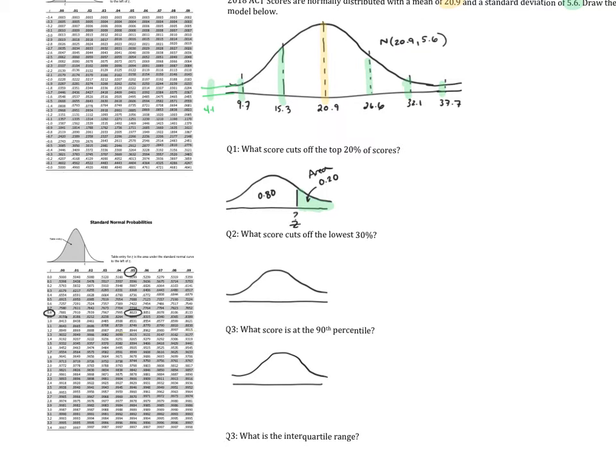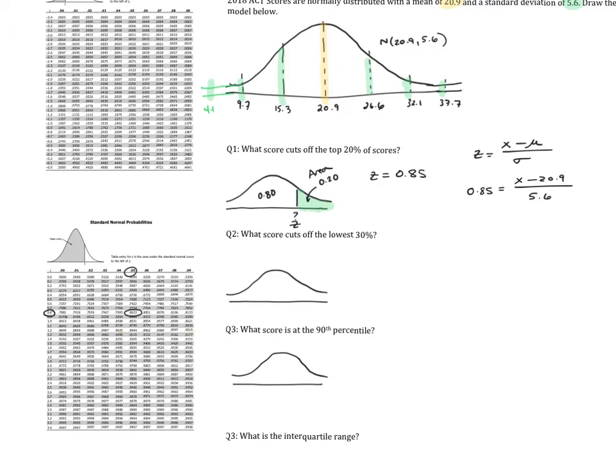So this z-score is 0.85. But I want to translate that into an ACT score. So I know that z-score comes from doing the observation minus the mean divided by the standard deviation. So this 0.85 comes from the value I'm trying to find minus the mean divided by the standard deviation.